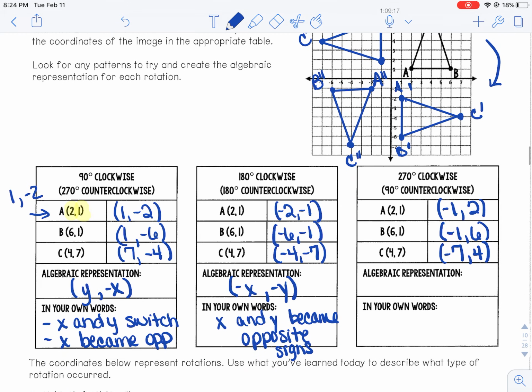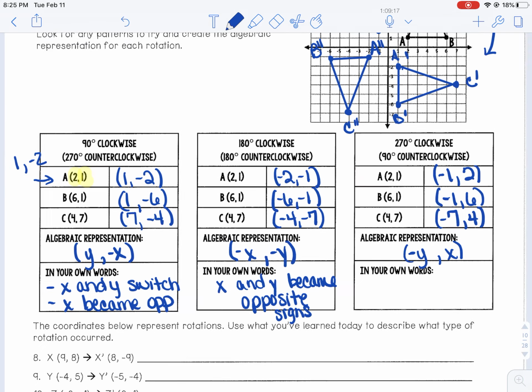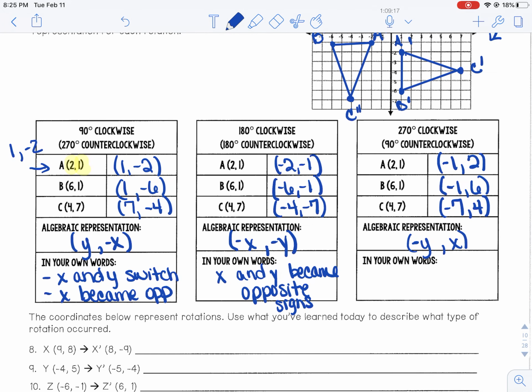The algebraic representation for this, you can see that the x and y switch position again. And this time it was the y value that changed to its opposite. So the x and y values switched, and the y's became opposite.